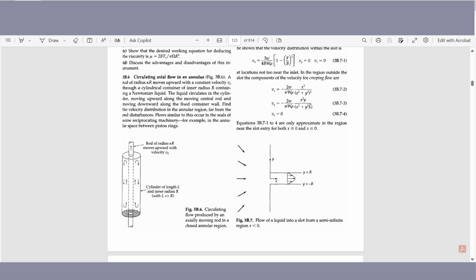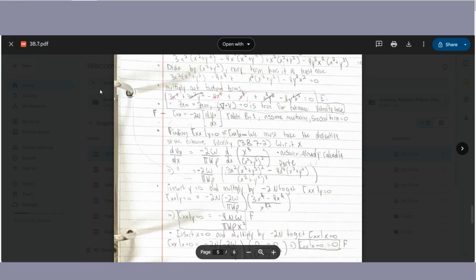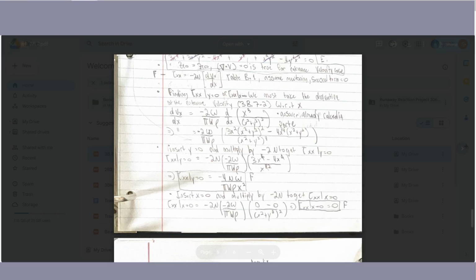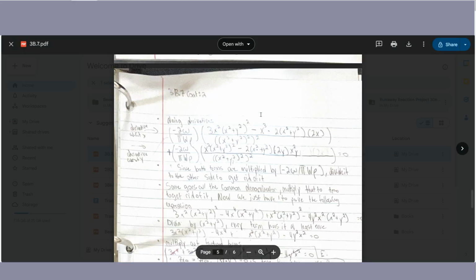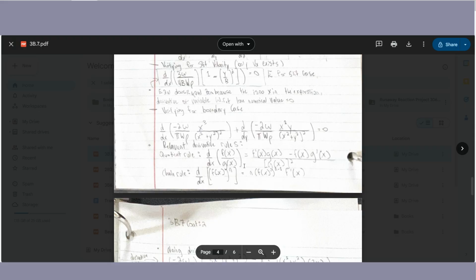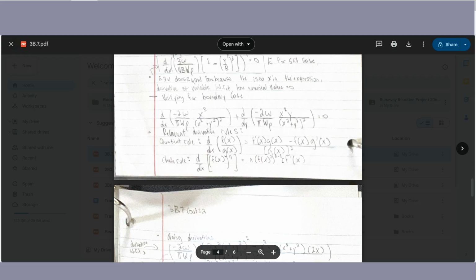These equations are valid at the origin region near the slot entry, like here. So using those equations makes sense. So take the derivative with respect to x of this, using those chain rules and quotient rules. Just do it. Again, the quotient rule is the derivative squared of this. Just look at that.